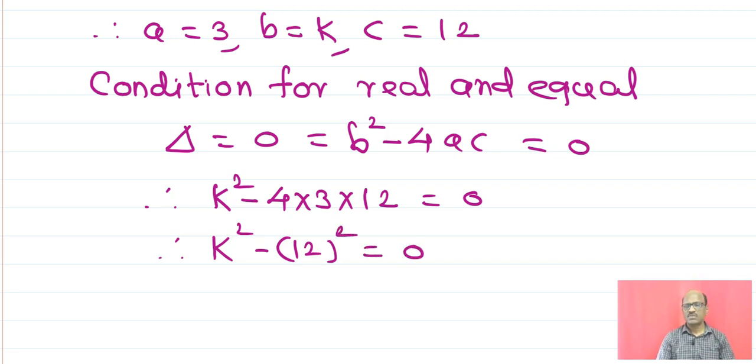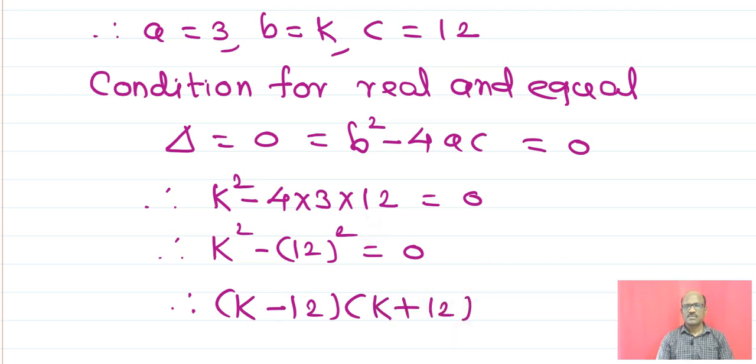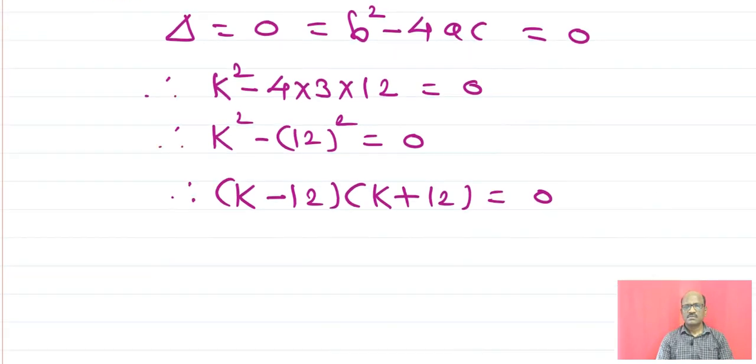Therefore, it can be written in the form a square minus b square. So in the first bracket k minus 12, in the second bracket k plus 12. Therefore, k minus 12 equals 0 or k plus 12 equals 0.